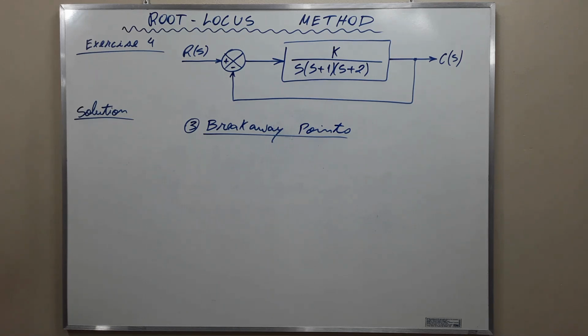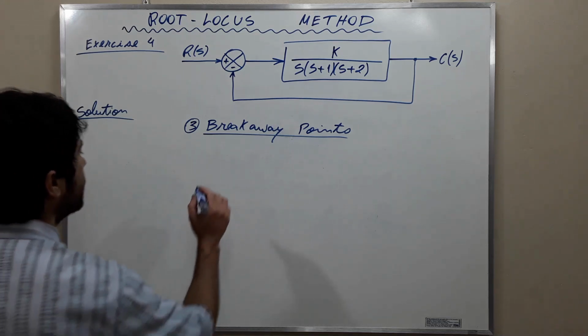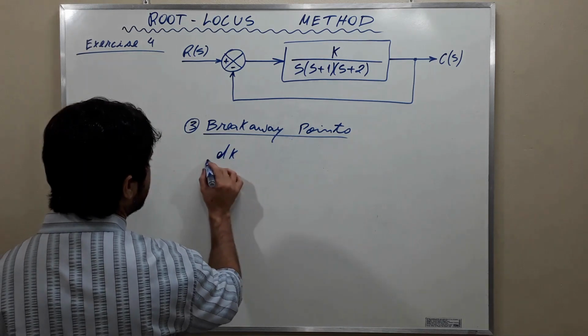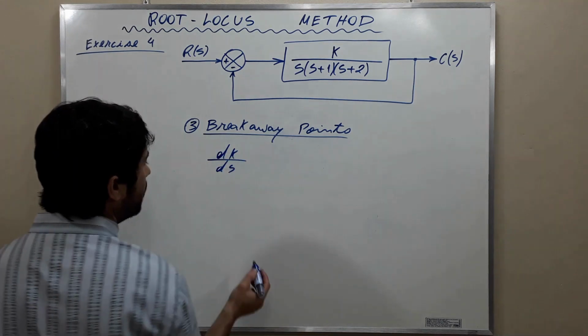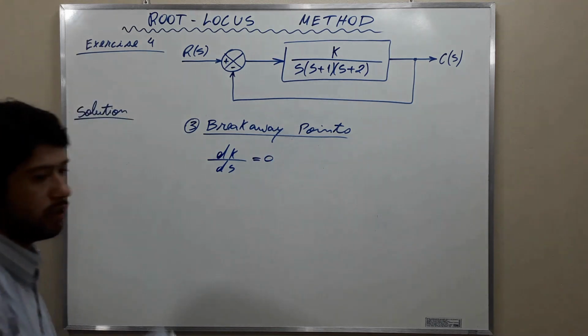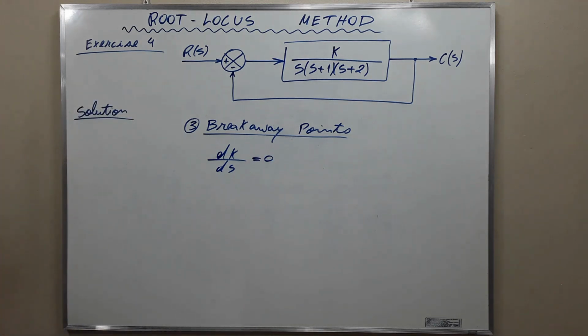The breakaway point is where the root locus branches originating from the poles at 0 and -1 break away from the real axis and move to the complex plane as k is increased. They can be determined from the roots of the equation. We are going to differentiate k with respect to s and equal it to 0. This is how we find the breakaway points.